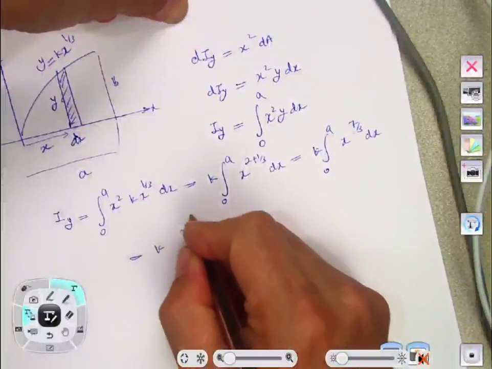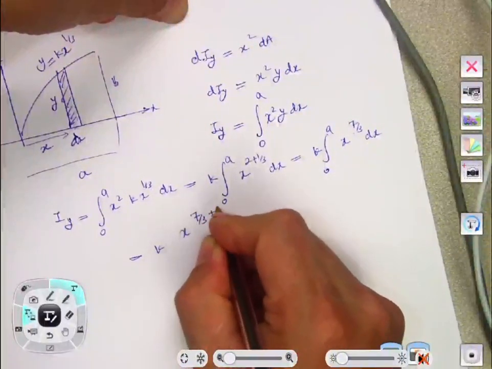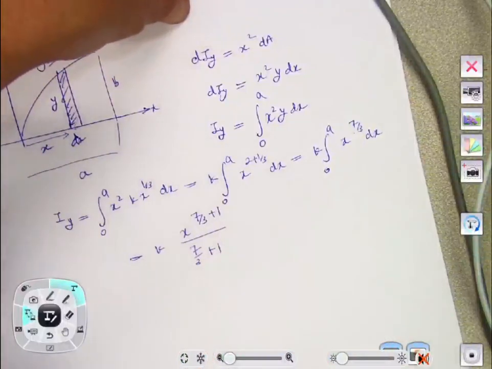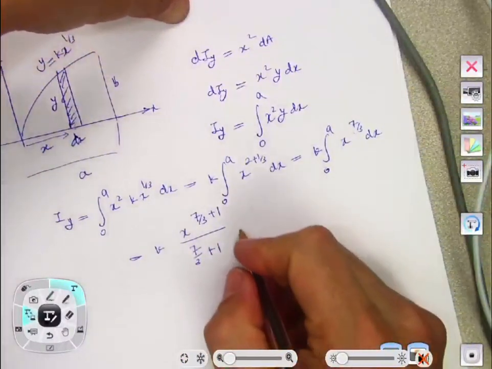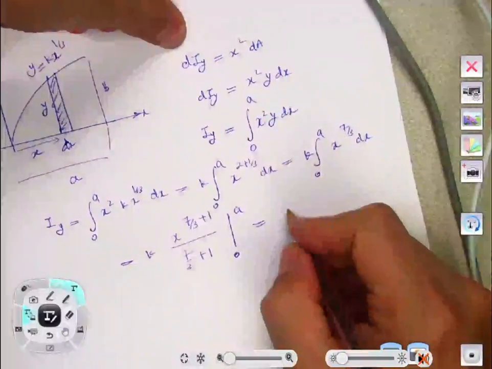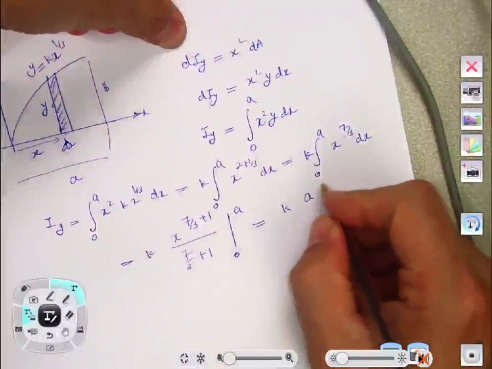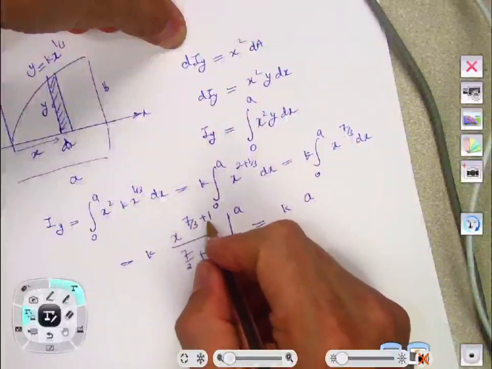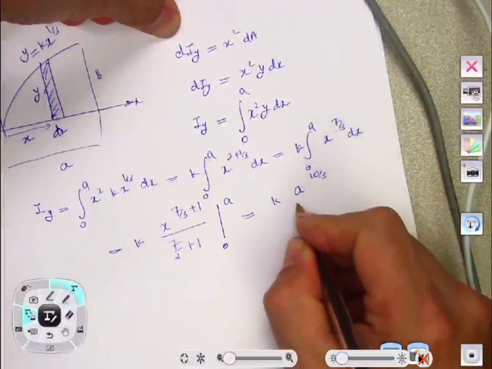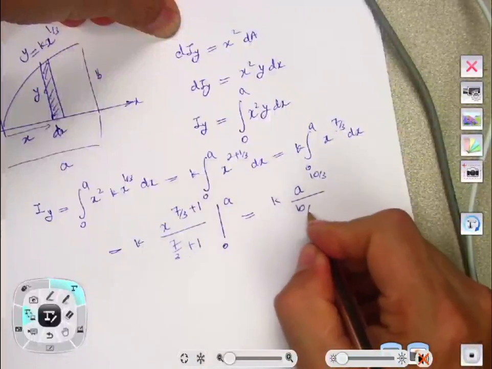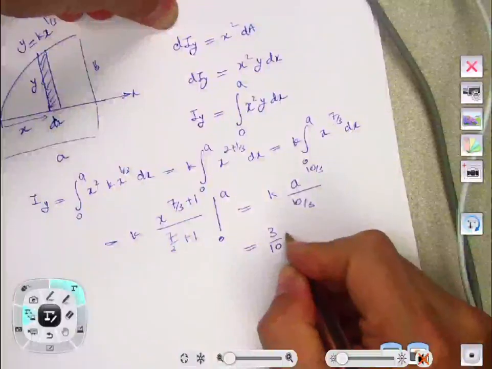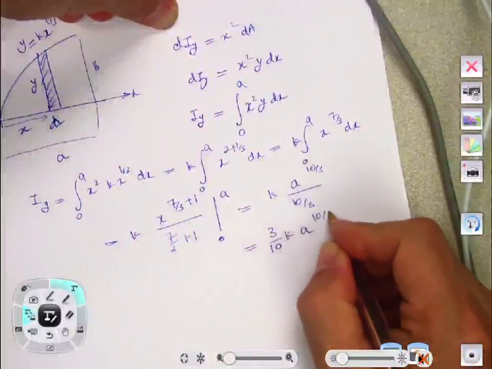It's x to the 7/3 plus 1, divided by 7/3 plus 1, ranging from 0 to a. So this gives me k a to this power. 7/3 plus 1 gives me a to the 10/3 power, and here 10/3. Let's simplify it: 3/10 k a to the 10/3.